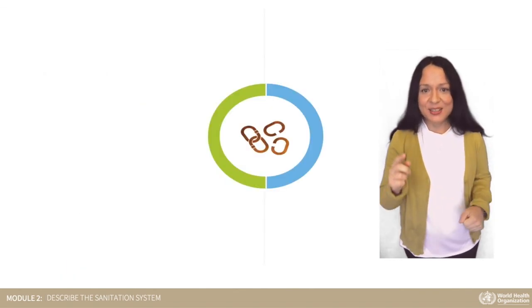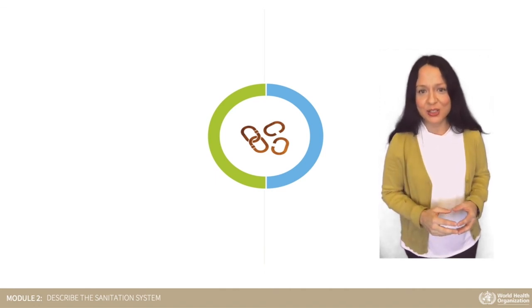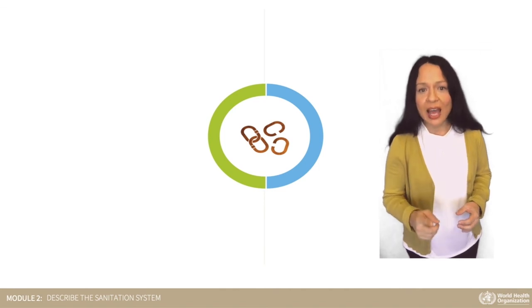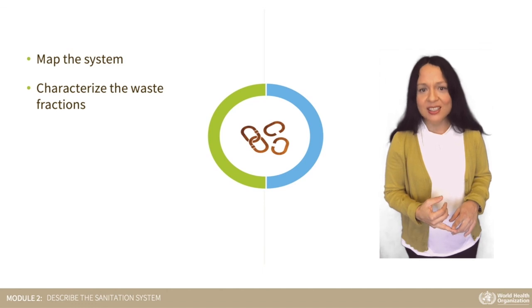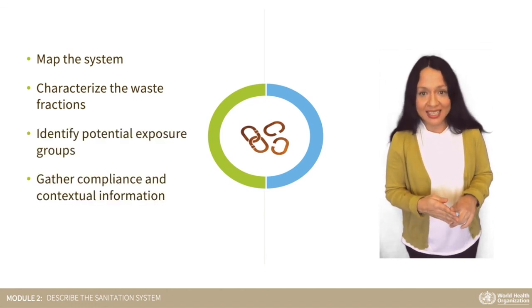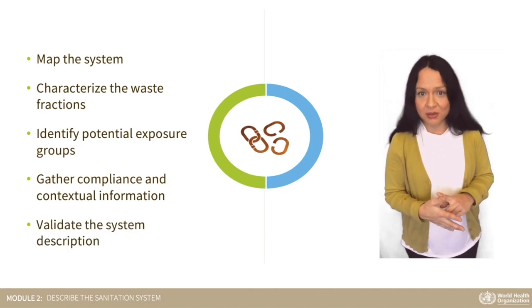Great! So we have now completed Module 2 of the SSP methodology, Describe the Sanitation System. You have learned how to map the system, characterize the waste fractions, identify potential exposure groups, gather compliance and contextual information, and validate the system description.